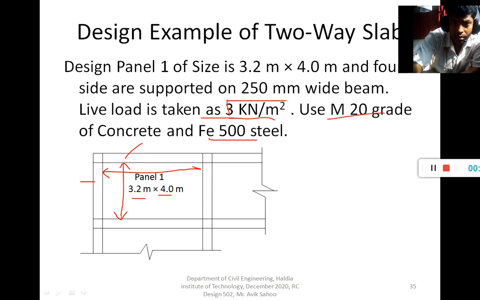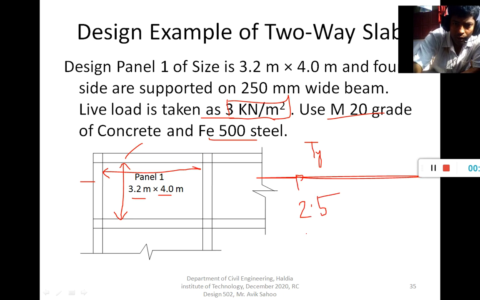If the live load is not mentioned, and only the type of building is mentioned, either residential building or public building, then as per IS 875 part 2, for residential building you consider 2.5, and for public building the live load you consider 4 kN per meter square.